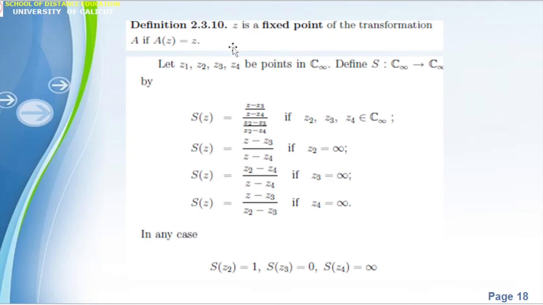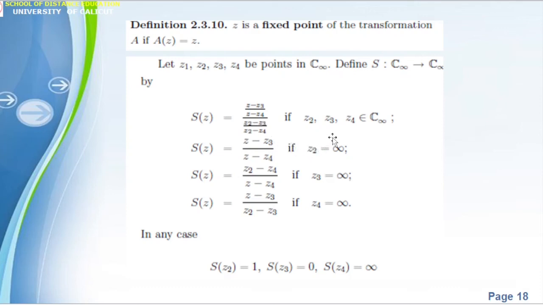Let z1, z2, z3, z4 be points in C infinity and define S as a function from C infinity to C infinity by S of z is equal to (z minus z3) by (z minus z4), all divided by (z2 minus z3) by (z2 minus z4).